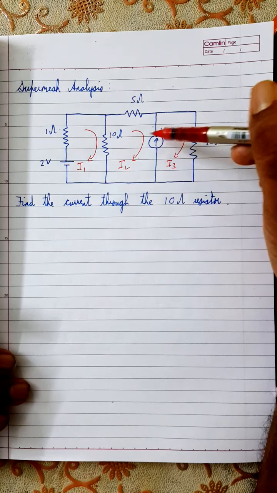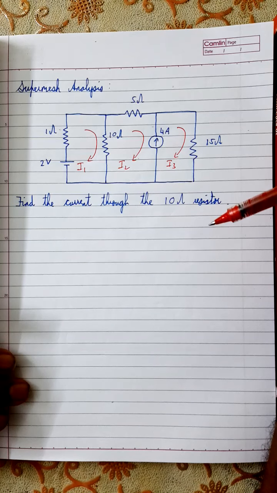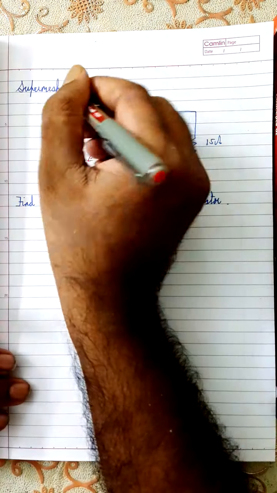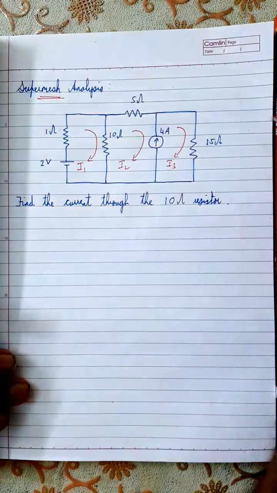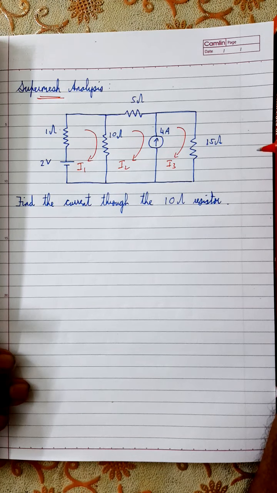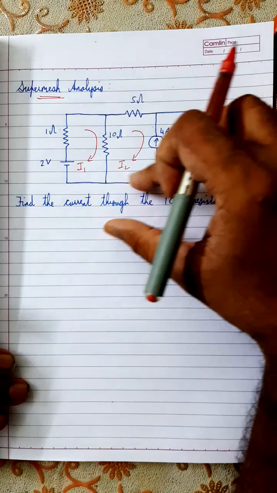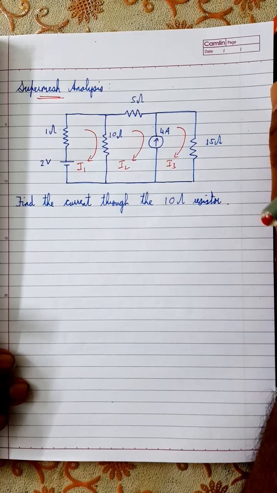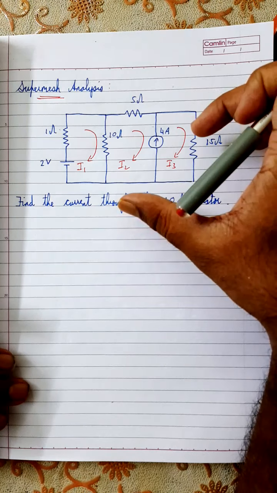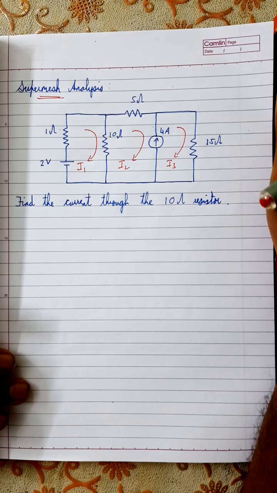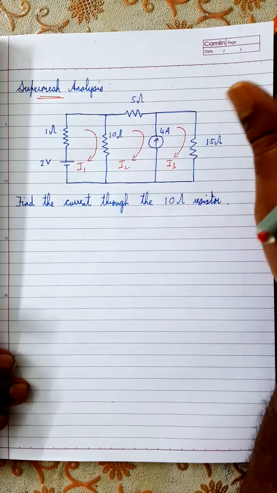If there is a current source between two meshes, then you should apply what is called super mesh analysis. Super mesh analysis is nothing but writing Kirchhoff's voltage law of more than one mesh in a single equation. That is called a super mesh. It is nothing but the combination of two meshes with the current source in between.